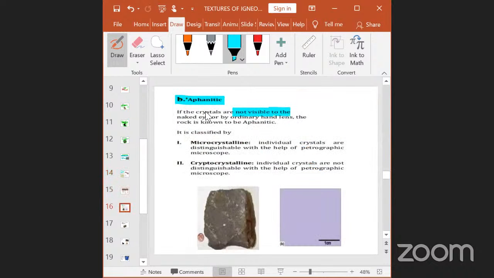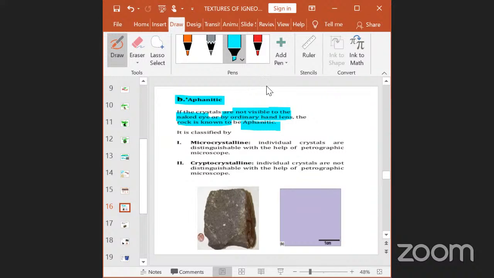Not visible to the naked eye or by an ordinary hand lens, the rock is called aphanitic, right? So aphanitic texture consists of small crystals that cannot be seen by the eye, or with our hand lens.